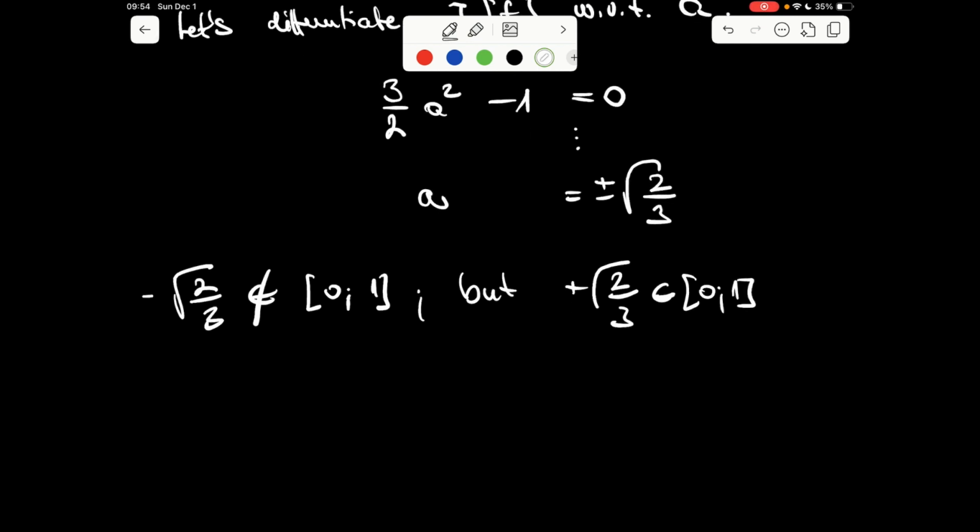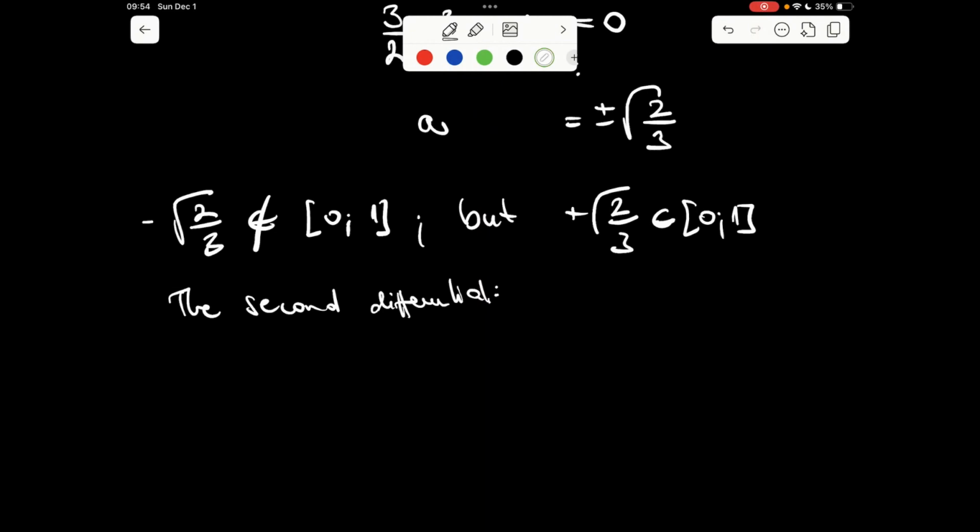The second differential, we need to check if it is a maximum or a minimum. This is the second differential, 3a, is positive or 0 if a is in the relevant interval.